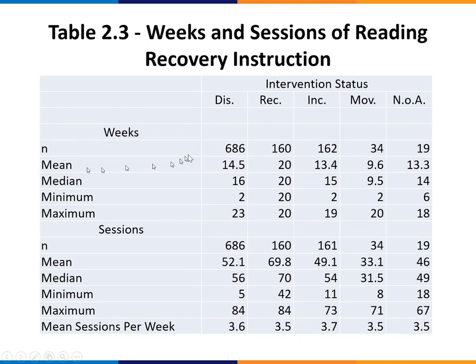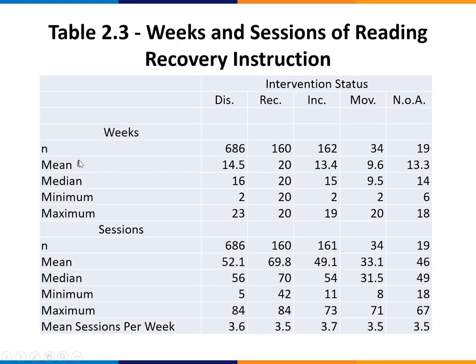In this case, for discontinued kids, we added up all their weeks and then you divide it by 686. It's a mathematical computation. The median means you take all of the weeks that your children got and you put them in numerical order from least amount of weeks to most amount of weeks, and you pick the middle week out of the bunch. Which number falls right in the middle? And in this case, it was 16.